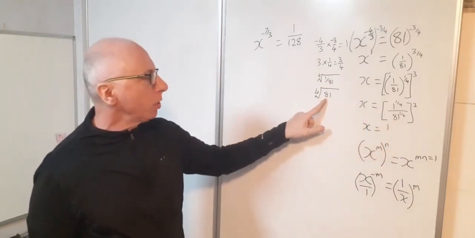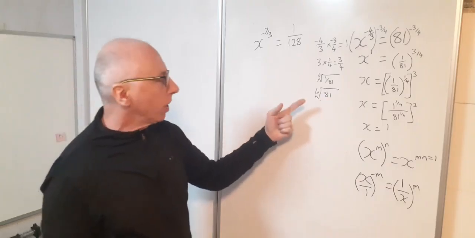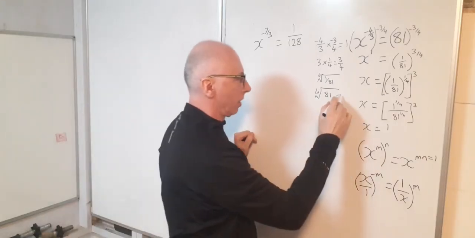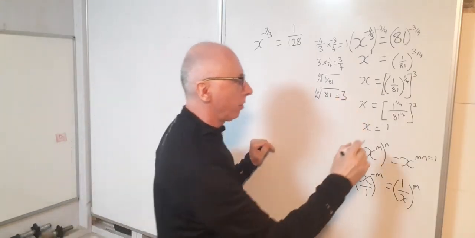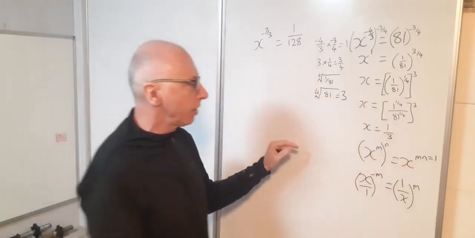I need a number multiplied by itself 4 times to get 81. If you go through this on a calculator or work it out for yourself, it's 3. So that becomes 3, and then we've got 1 over 3, and we raise all of that to the power of 3.